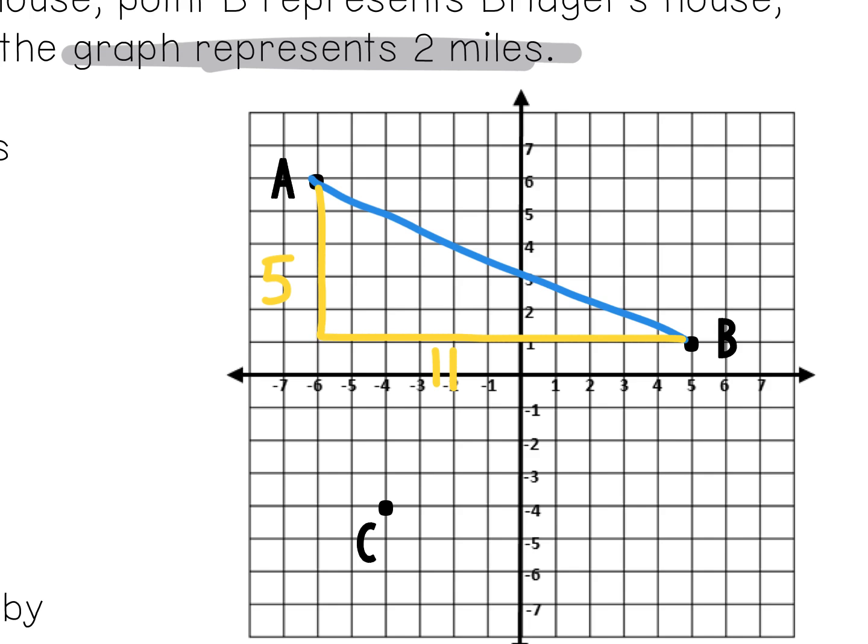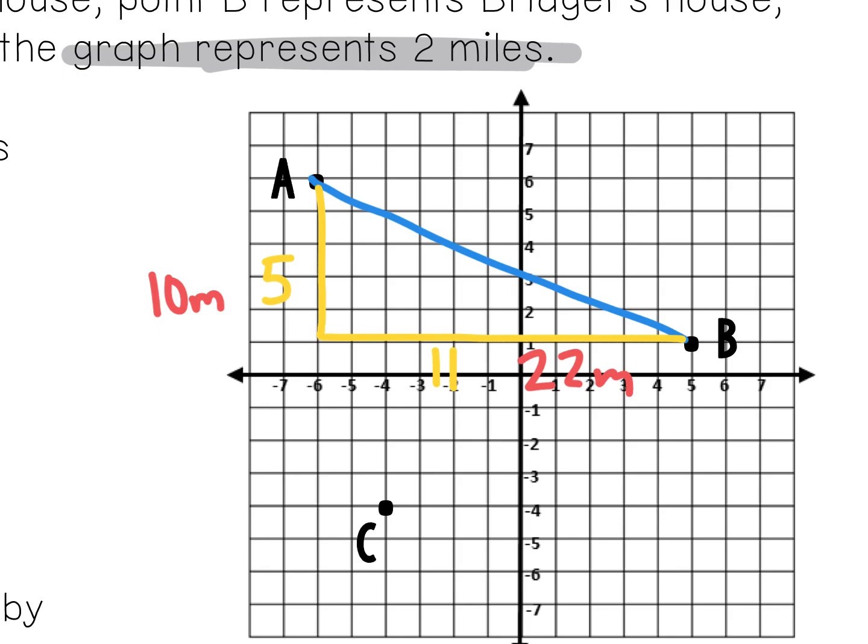So in reality, 5 is really how much? 5 blocks is 10 miles. What about 11 blocks? 22 miles. So what do I do with 10 and 22 then?